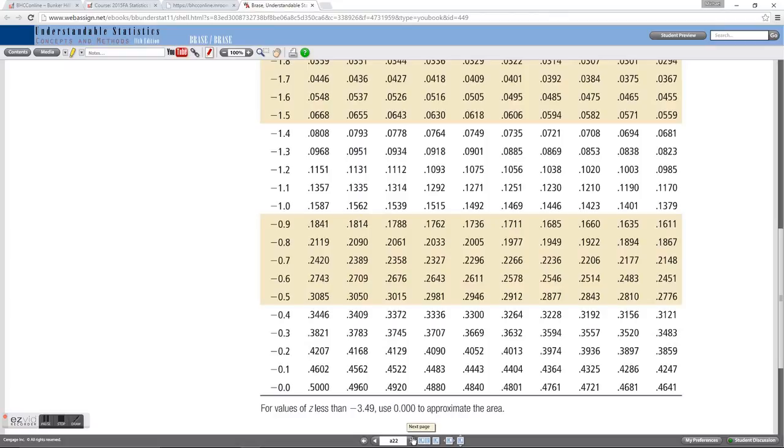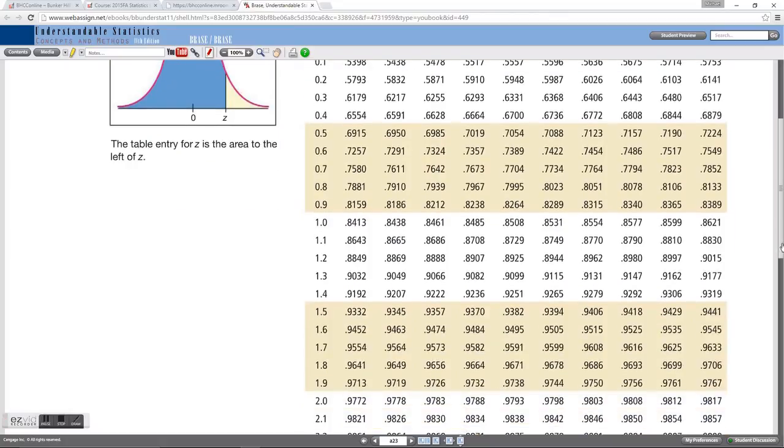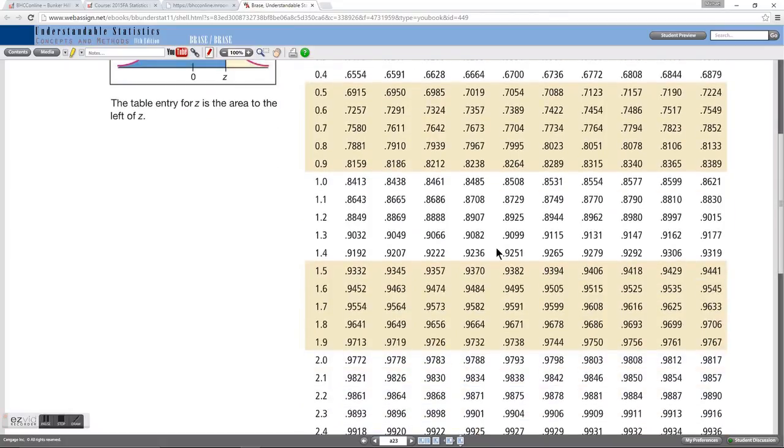So when I go to my table, I'm going to go to the positive Z page. And this time I'm searching through these 4 decimal numbers, which are all areas. And I'm searching for the area 0.9. Or if I want to use 4 digits, I'm searching for 0.9000.